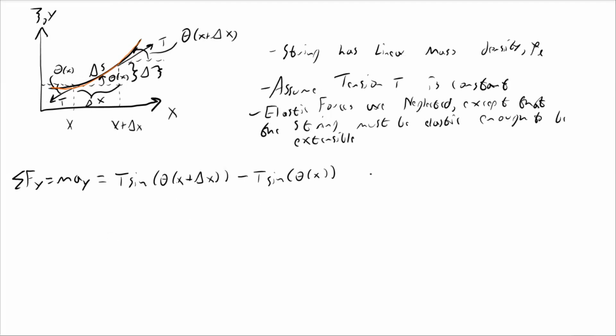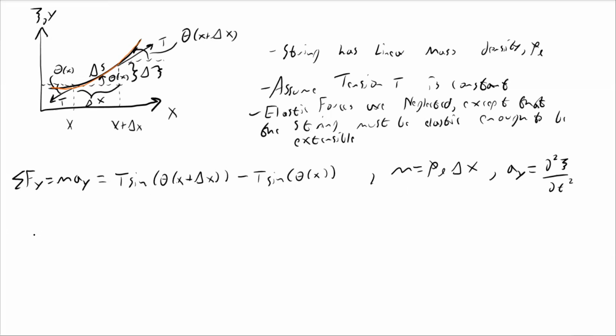Okay. So then we note that the mass of the string is simply the mass density of the string times delta x, for that's delta x for our element delta s. Also, we note that the acceleration in the y direction is simply the second derivative of position with respect to time, where c is the position. Okay, lovely.